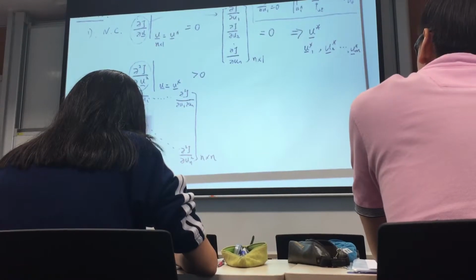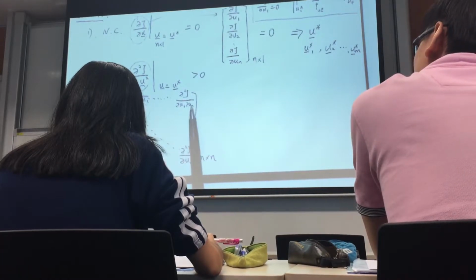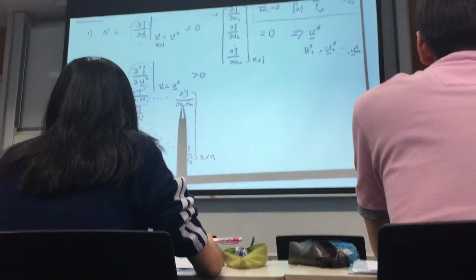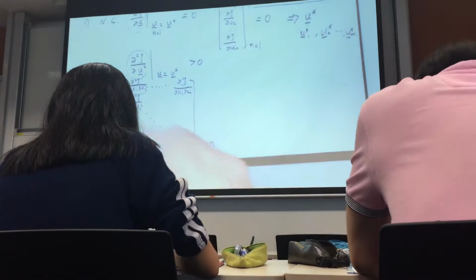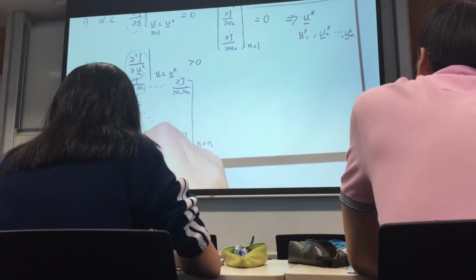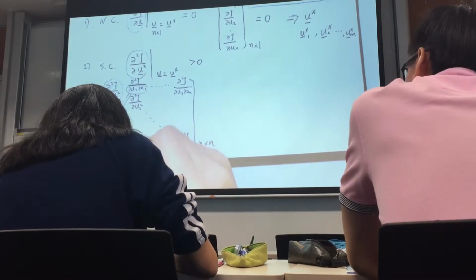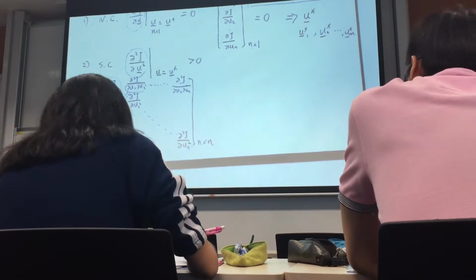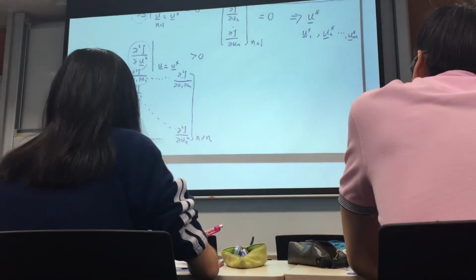In the first row, you evaluate the derivative in terms of u1, u2 up to un first, and after that in terms of u1. The first column will be d squared J d un d u1.